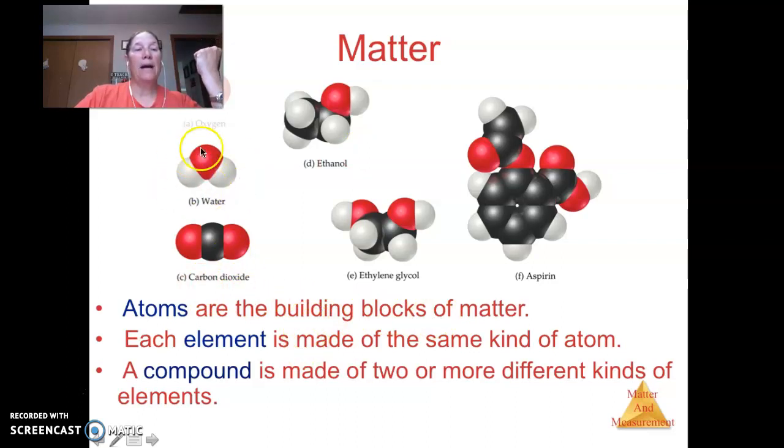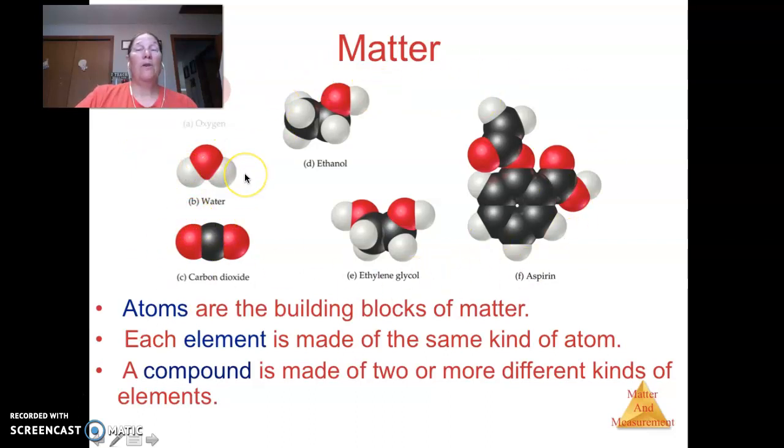And if you want to combine atoms to make molecules, now you have compounds. Okay, so when you're talking about chemistry, everything's made out of elements. If you break elements down into their little tiny parts, they're atoms. You can put atoms together, and in this case, we only have oxygen, hydrogen, and carbon.